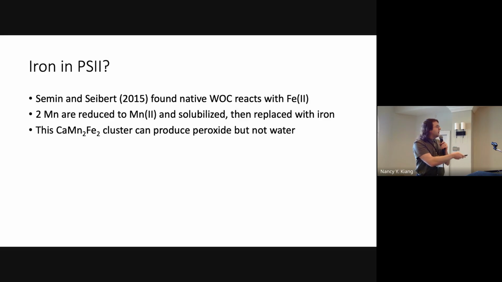You lose half the manganese in your photosystem 2, and then iron replaces it. And you wind up with this partially manganese, partially iron cluster that is capable of producing peroxide, but does not go all the way to full water oxidation. Wow. Okay, that should say oxygen. I should not edit my slides at 1 in the morning.